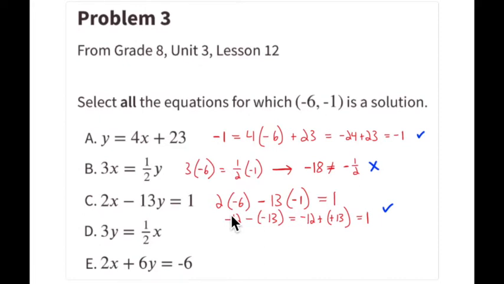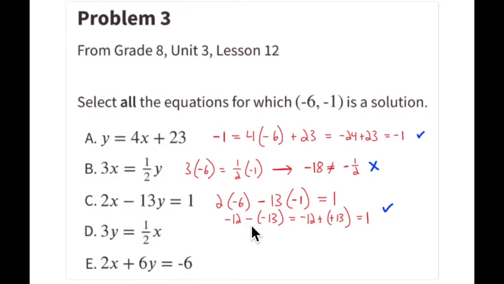For C, 2 times -6 minus 13 times -1. So y is -1 equals 1. So this is -12 minus a -13. So -1 times a positive 13 is a -13.